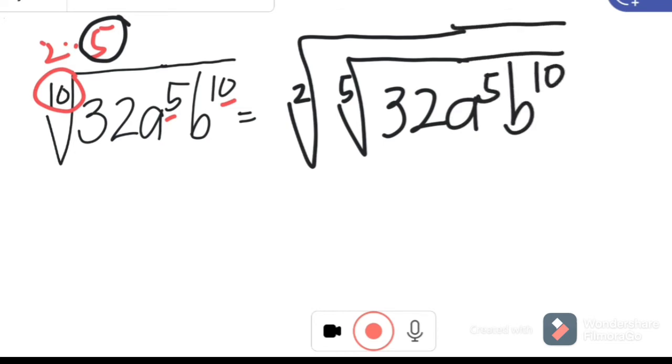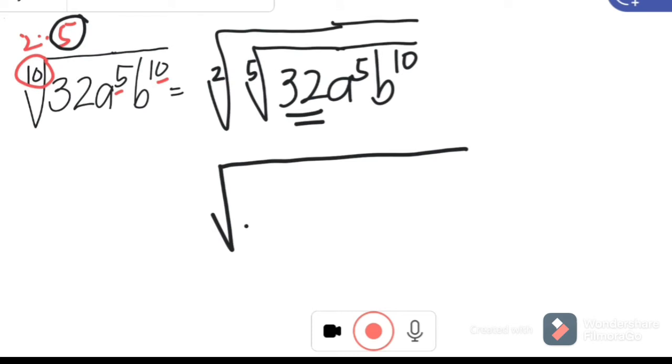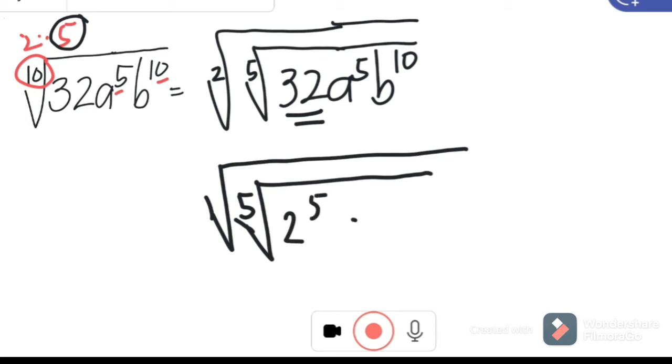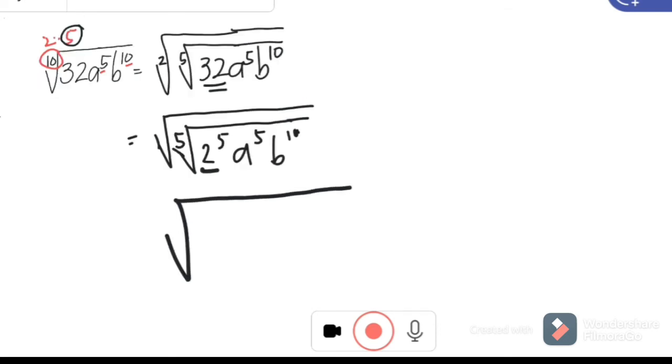Okay, extend. Change 32 as exponential. So what would that be? 2 raised to 5, a raised to 5, and b raised to 10. Okay. Simplify. The fifth root of 2 raised to 5 is 2.